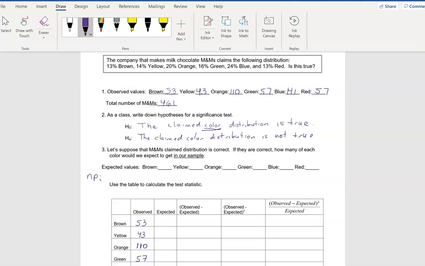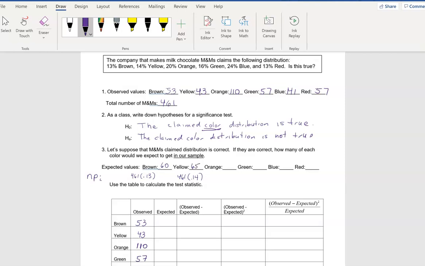For the brown, you would take the total of 461 and multiply it by the 13%, and when you do that, you get 60 brown M&Ms. To get the number of yellow, you would take 461 and multiply it by the 14%, and you get 65. I'd like you to do the same thing with the other four.